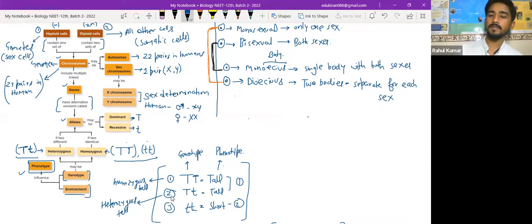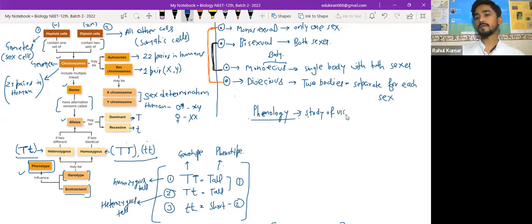Write down this word in your terminology section: phenology is the study of visible characters for any organism. So wherever the word pheno comes, it's related to characters. Phenotype is the visible character. Genotype is the reason behind that character, the gene makeup. Is it clear?